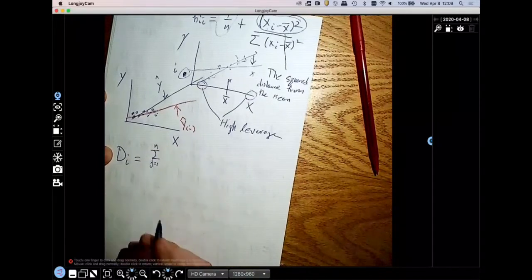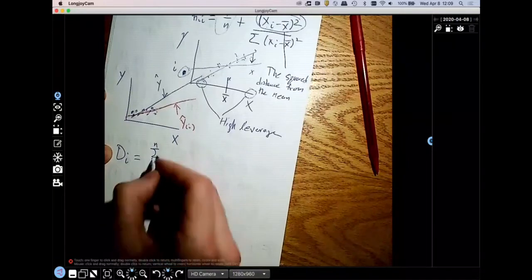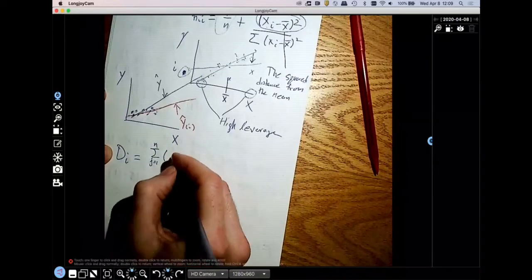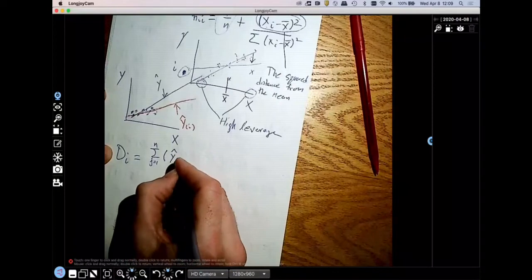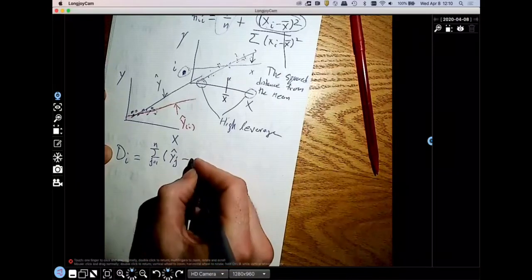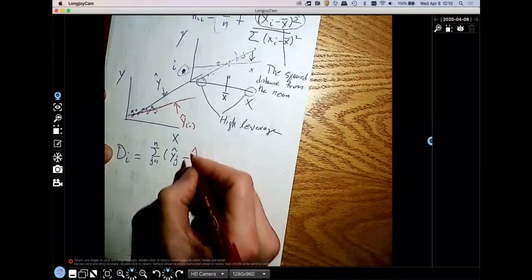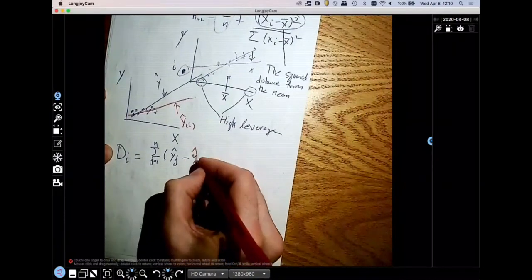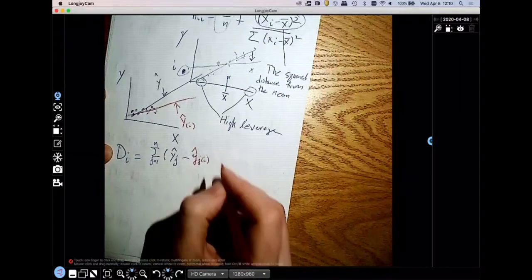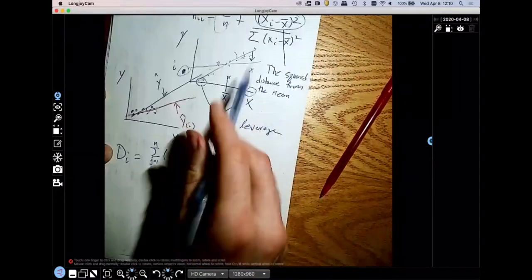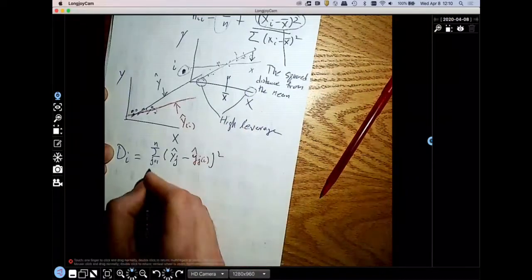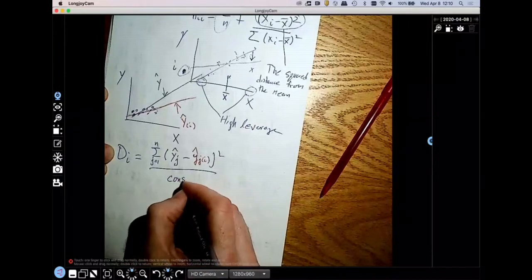I need a different index, so we'll call it j. I'm going to take my y hat value minus the other y hat value. I might as well write that in red to be consistent. This is y hat sub j parentheses I. Let's square that, and this all gets divided by some constant.